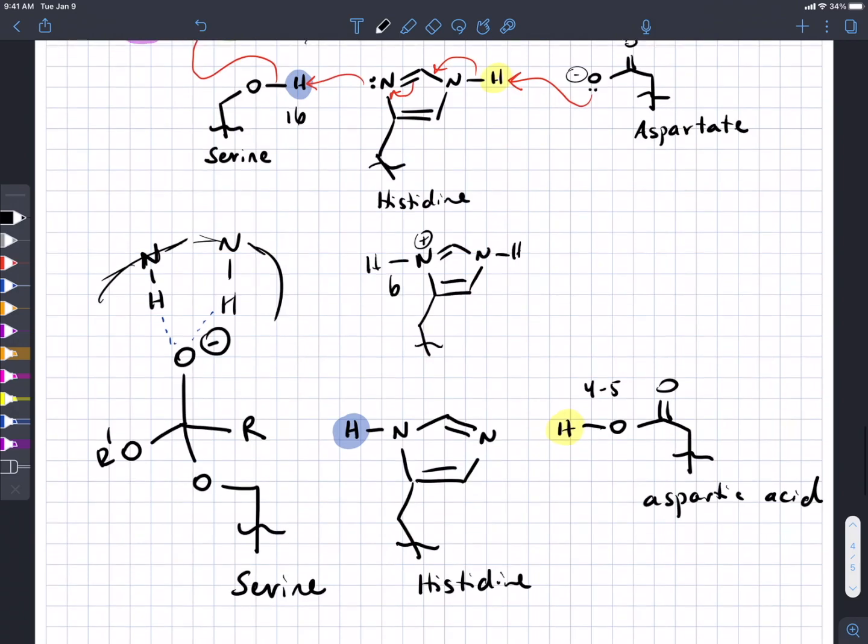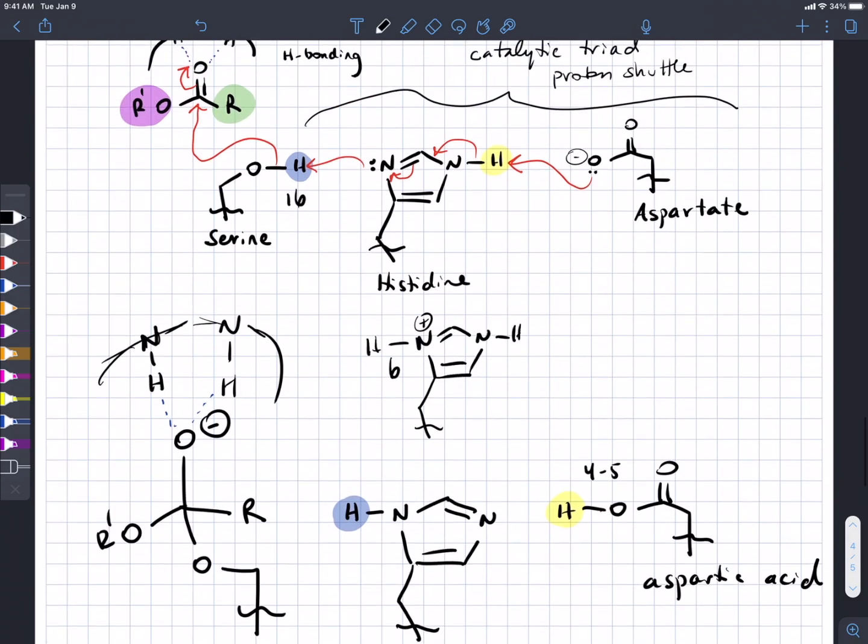If that reasoning is a little bit clouded to you, that's fine. I'm just pointing out that the fact that this is actually happening is somewhat unusual, and it's still something of an element of controversy as to why this can happen. One potentially good explanation that I like is that the enzyme active site is not in water per se, but is a more nonpolar environment, and pKa's change in nonpolar environments.